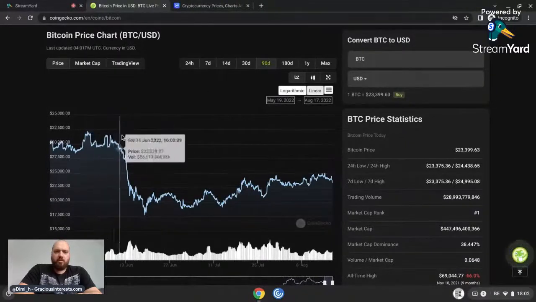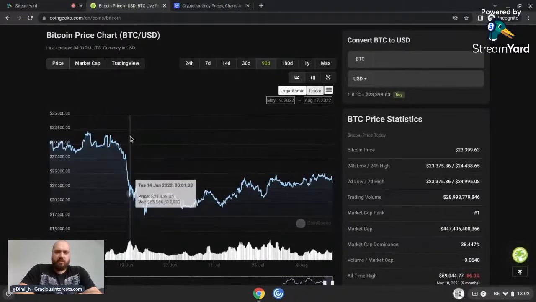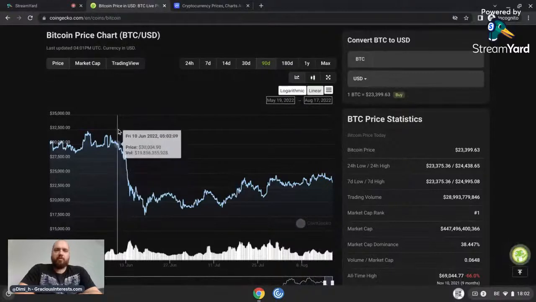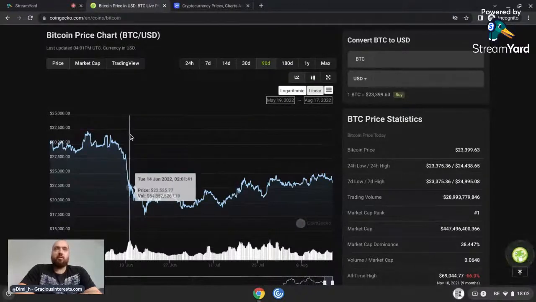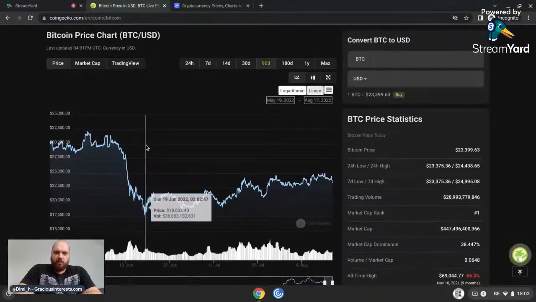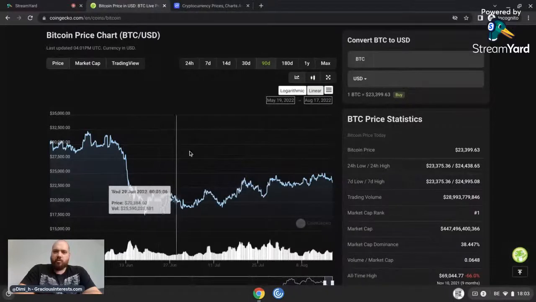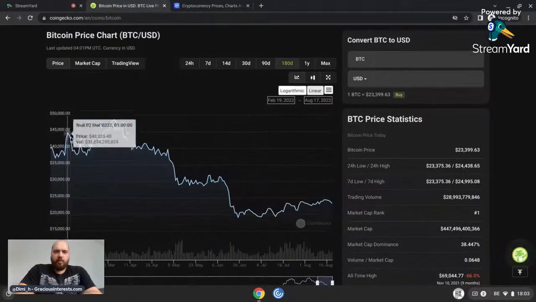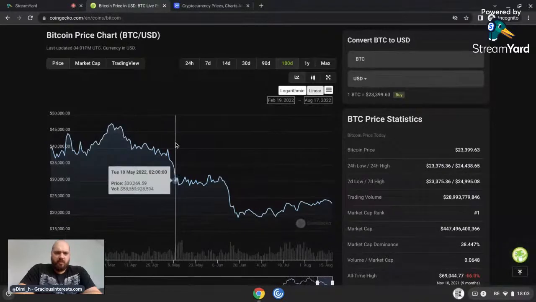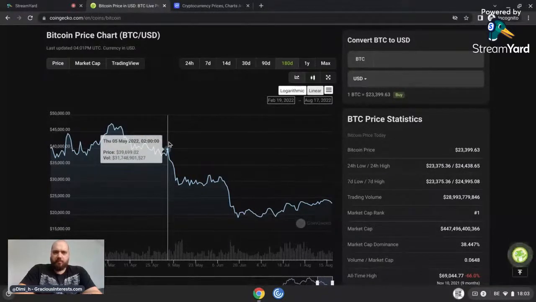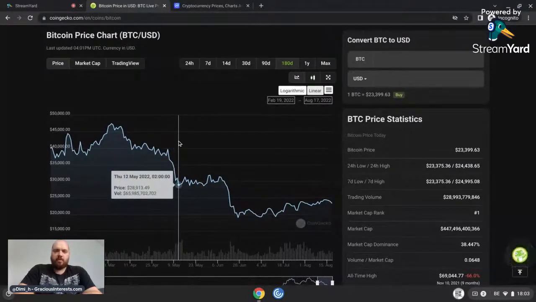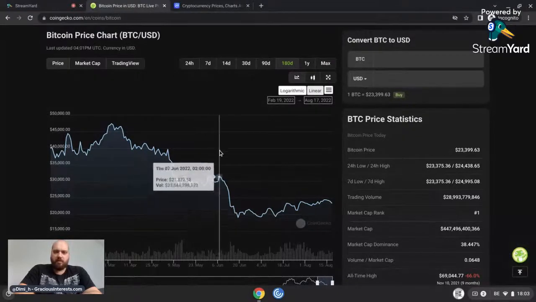3 months, you can clearly see here the Bitcoin dump and loss of trust in the market due to the bankruptcy of Celsius and Three Arrows Capital, the lowest of them, and since then we are in a recovery. 180 days, it's about half a year. You can tell here the sell-off from the Terra Luna collapse, how they destroyed themselves.